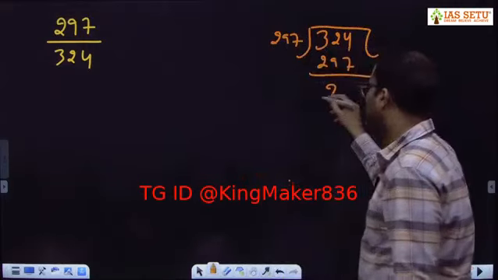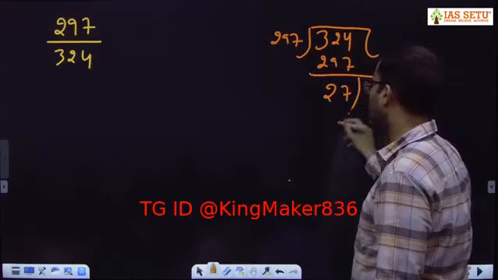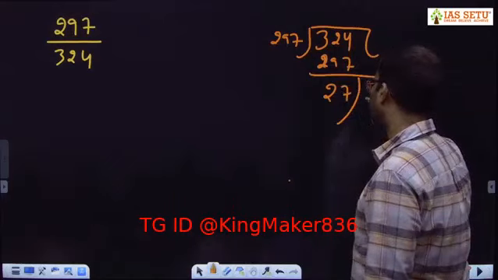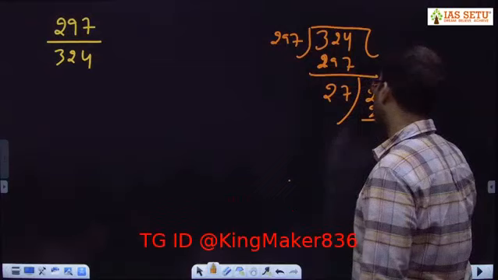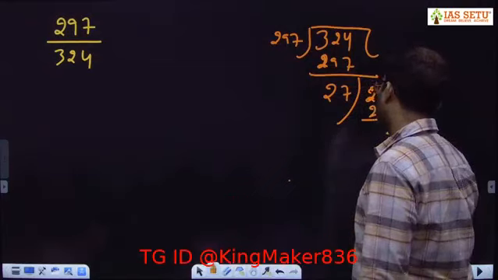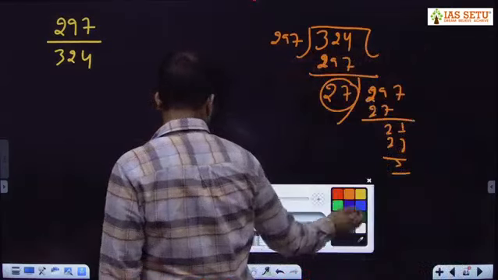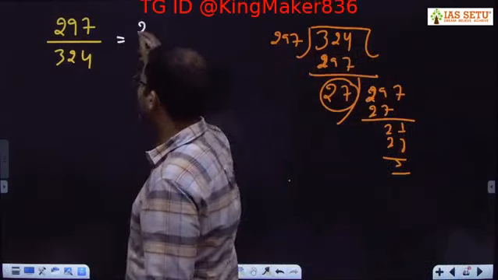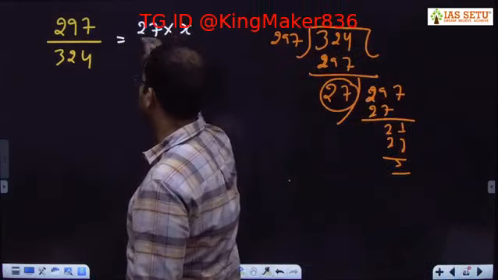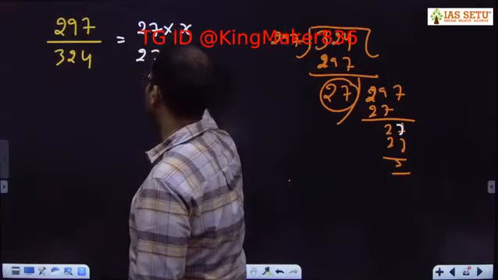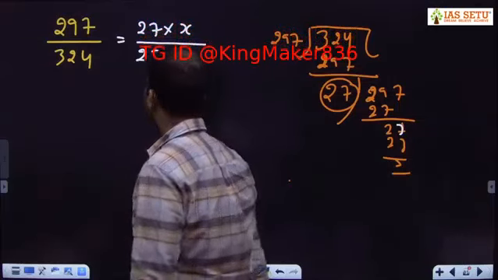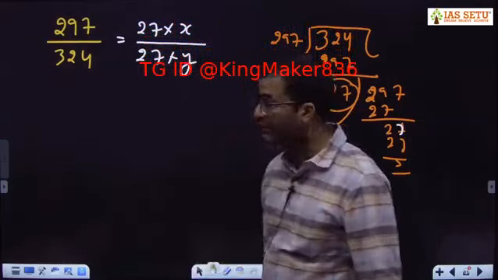So what is your remainder? 27, 297, 27, 27. So it is 27. So it means we can express this as 27 into x upon 27 into y. You solve for x and y.